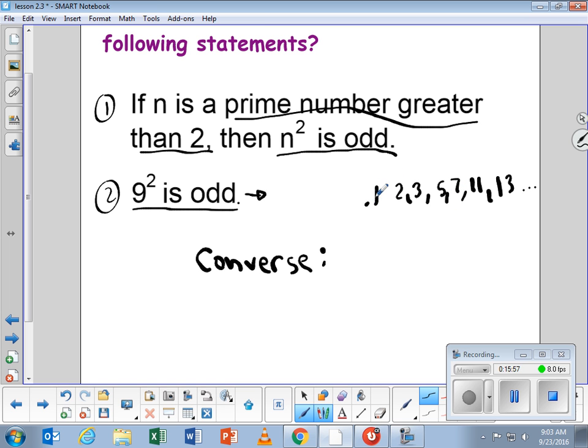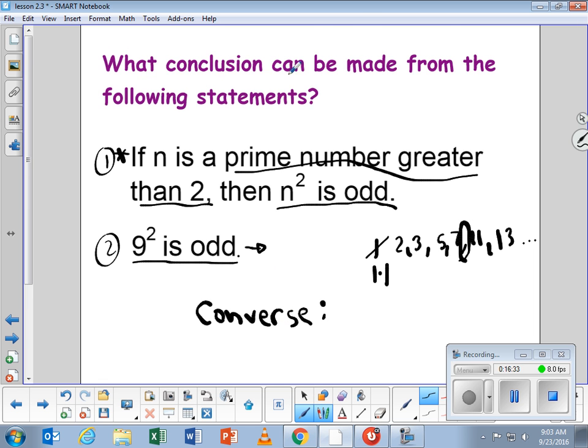The number 1 is not prime because its factors are 1 and 1, and that's the same number, so it really only has 1 factor. So in this case, we have to go back and say, is 9 a prime number? And the answer is no, 9 is not. So the converse is not a true statement. And remember, we learned earlier that just because the original conditional was true doesn't mean that the converse is true.